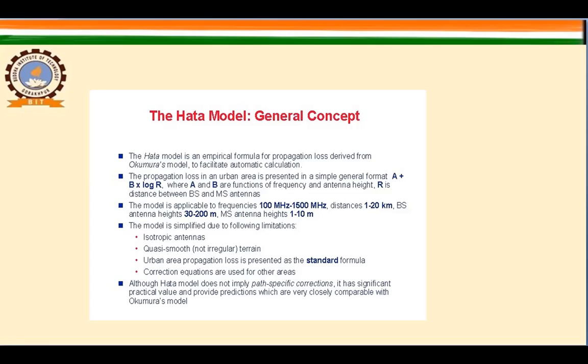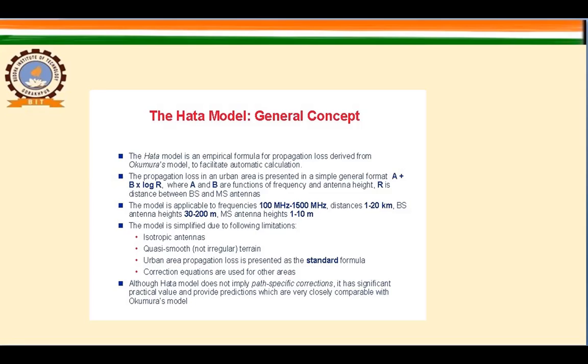So under certain assumptions, it is 150 megahertz to 2 gigahertz, 1.5 gigahertz. The general concept of HATA is, as we already know, an empirical formula for the propagation loss derived from the OKUMURA model, and it facilitates automatic calculations.